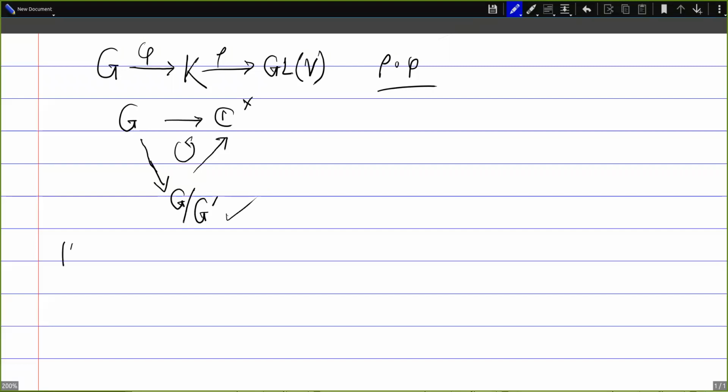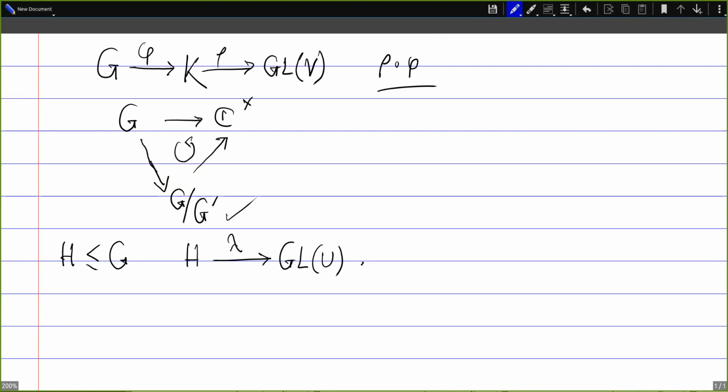So assume that H is a subgroup of G, and you have a representation, let's say lambda of H, on a complex vector space U. Assume everything finite. The question is, given a representation of a subgroup, can we extend this representation to a representation of the whole group G in the most natural sense?